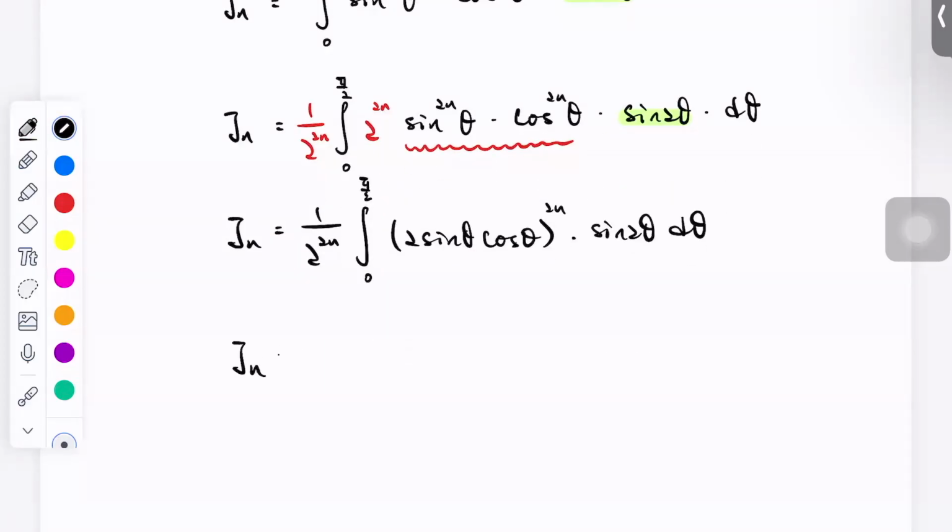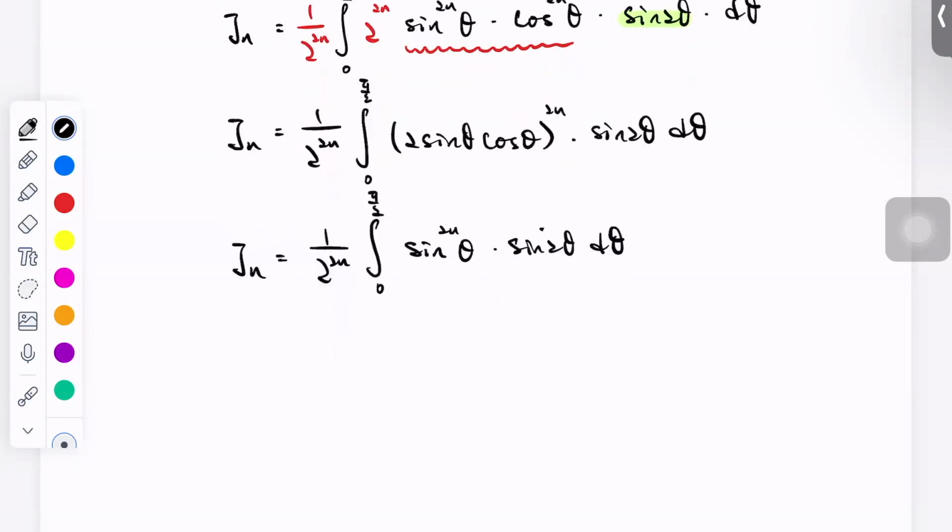Then Jn will be 1 over 2 to the power of 2n, integration from 0 to pi over 2 of sine 2n theta, and then Jn will be simply 1 over 2 to the power of 2n, integration from 0 to pi over 2 of sine to the power 2n plus 1 of 2 theta d theta.